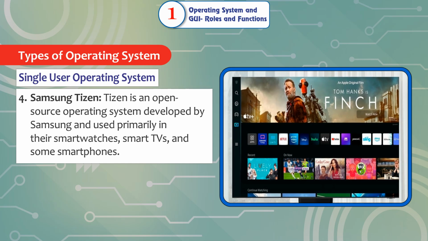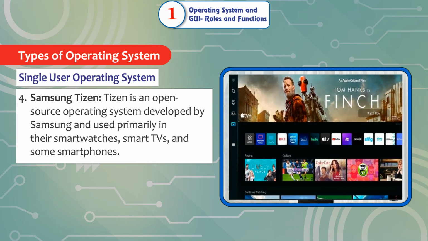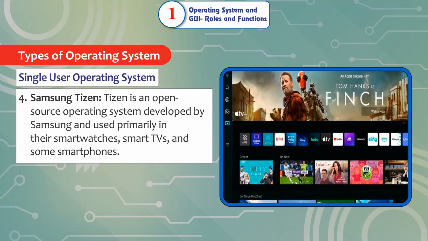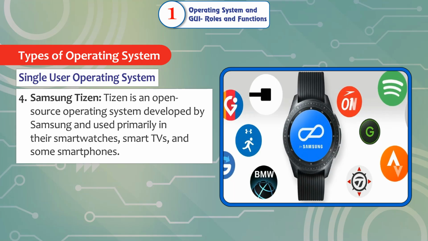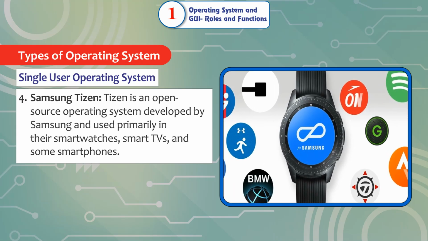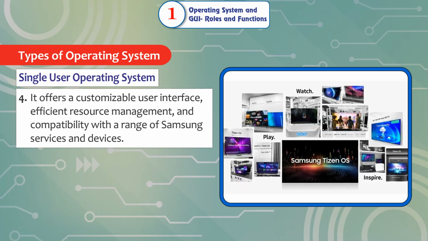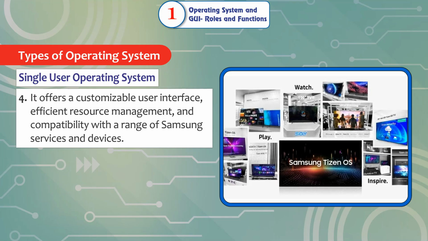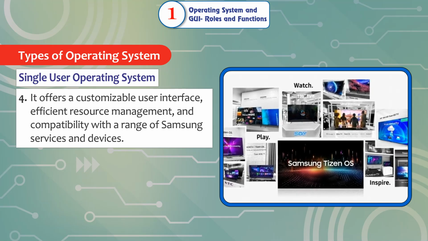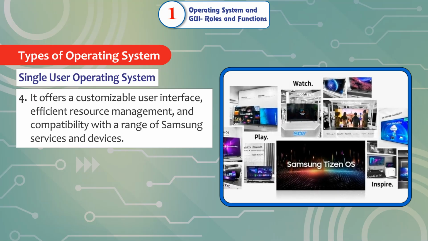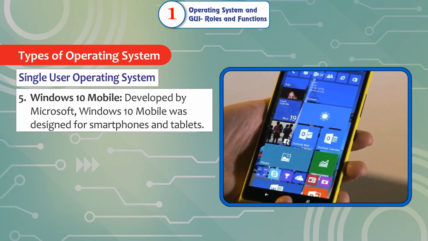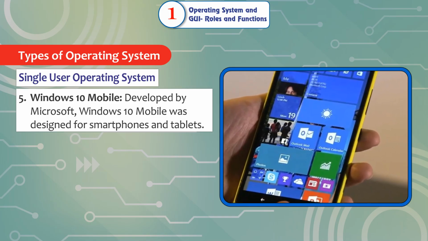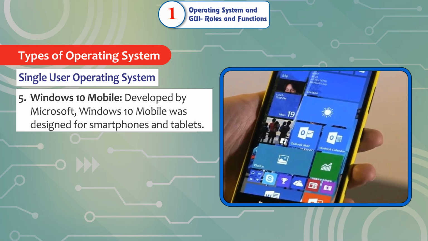4. Samsung Tizen. Tizen is an open-source operating system developed by Samsung and used primarily in their smartwatches, smart TVs, and some smartphones. It offers a customizable user interface, efficient resource management, and compatibility with a range of Samsung services and devices. 5. Windows 10 Mobile. Developed by Microsoft, Windows 10 Mobile was designed for smartphones and tablets.